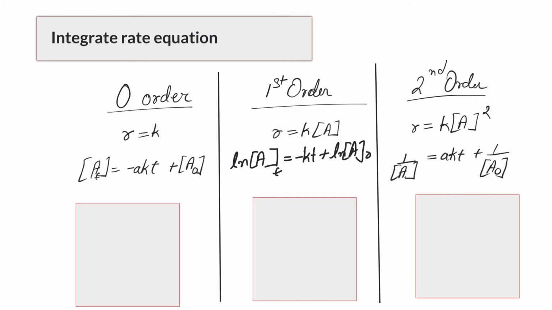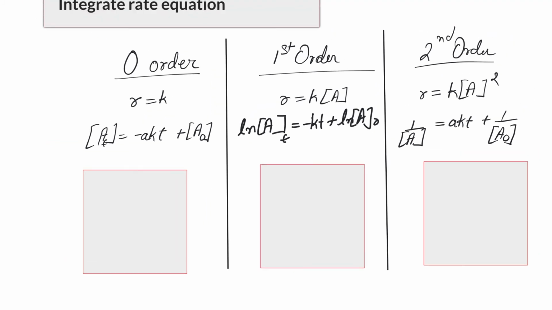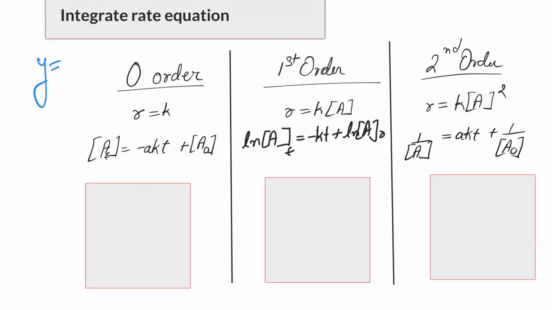Before I leave, there's one final thing that I want you to understand by seeing this equation, right? So sometimes you'll have the concentration of A measured at various times, right? And you might have to determine the order of the reaction. Okay, so zero order, first order, second order. Now if you see these equations, something will appear to you. They are all of the form y equals mx plus c.